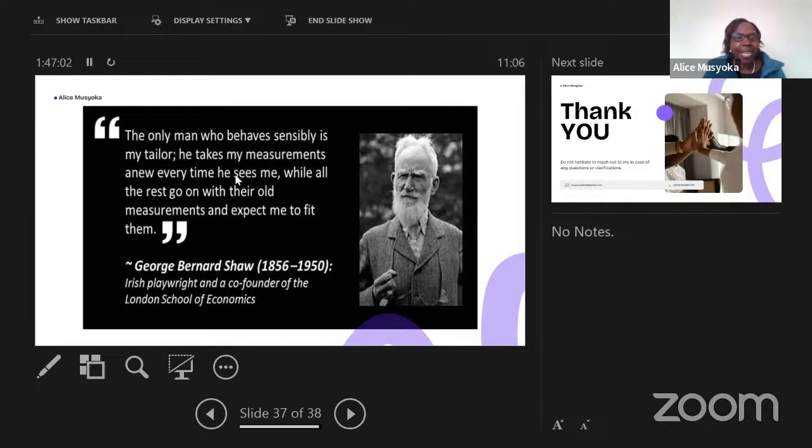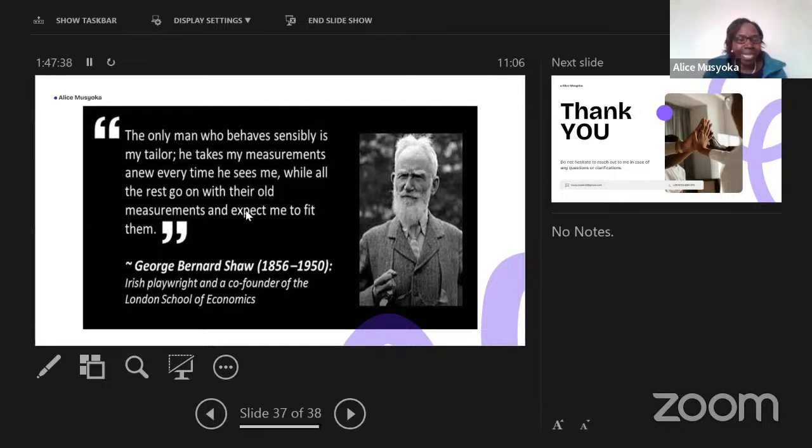So what does that mean? It means that taking measurements is very key, because it is the one that informs us on where we are. So if a tailor does not take your measurements every time you go to have something made, you realize that it may turn out not to be the best fit for you, or may turn out not to be the quality that you wanted.